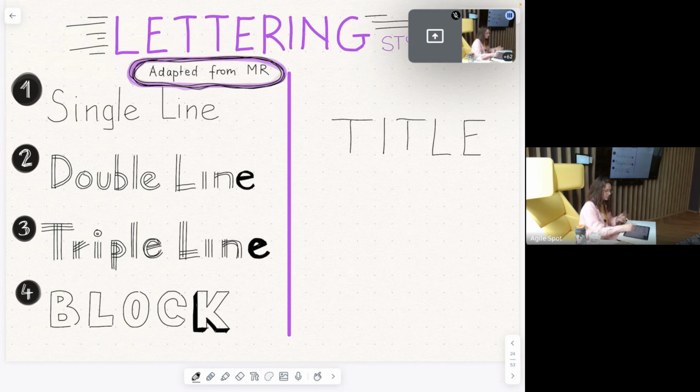But later on, if I would like to have those nice thick lines, I can add the second line. And now I will know what to color, what to fill in. And if you want to create even thicker, then you go with 3 lines.